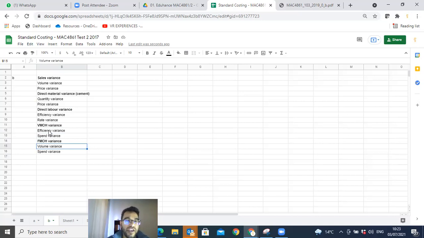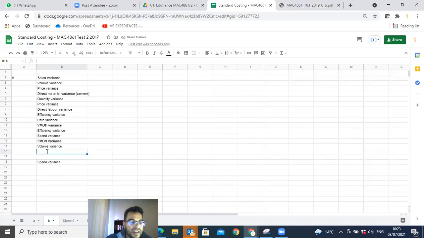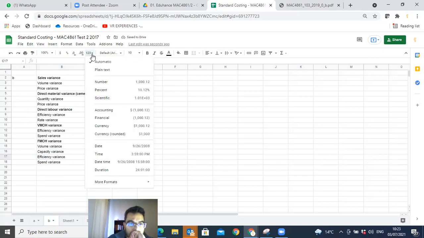Because we are, we can break down the volume variance further. So we can have a capacity variance. I don't remember the formula, I need to look it up. Capacity variance and what's the other one? Efficiency variance. So remember, you must know when to use this.